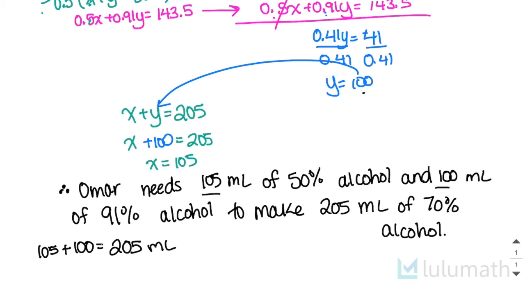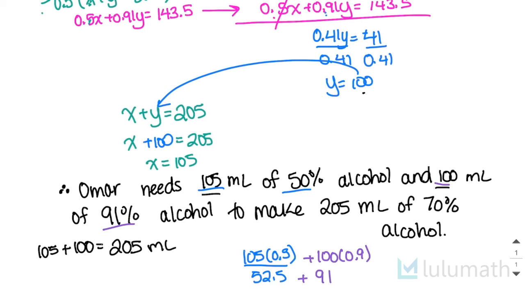And if I take this 105 milliliters of 50% alcohol and figure out how much pure alcohol that is, if I were to multiply 105 by 50%, I would end up getting 52.5. All right. We also have 100 milliliters of 91% alcohol.